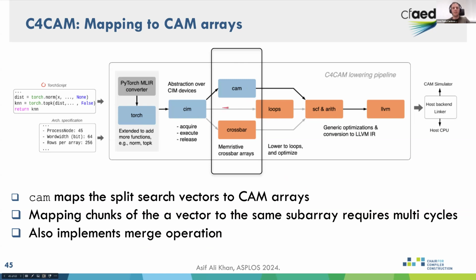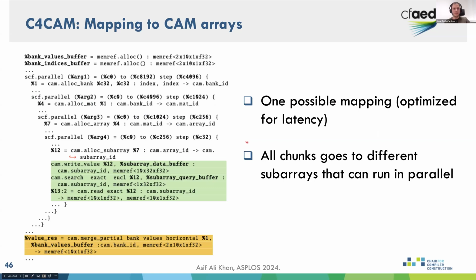I just wanted to highlight that in each dialect, we implement only what is important for that type of device. If this compilation flow was going to crossbars, it would implement only the operations that are seen in crossbars, for instance. Right, so in the CAM dialect, we also have the implementation of several possible mappings. For instance, if you want to optimize for latency, you would unroll the loop of the search vector as much as possible.